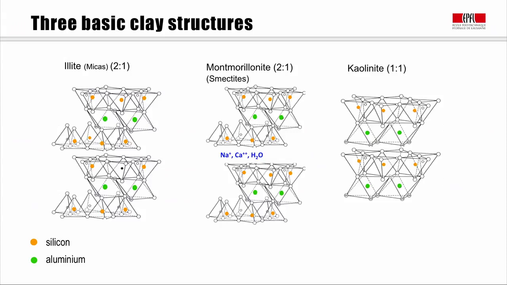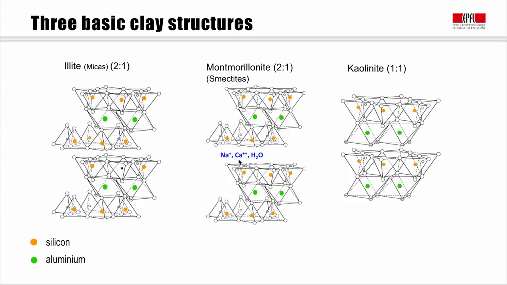Now, the two materials on the left here, the illites and the montmorillonites, are what's called 2-to-1 clays. And what this means is that we have 2 silicate layers here and here, which sandwich the aluminium layer in the middle. And the difference between illite and montmorillonite is mainly in terms of the ions that are found between the layers.